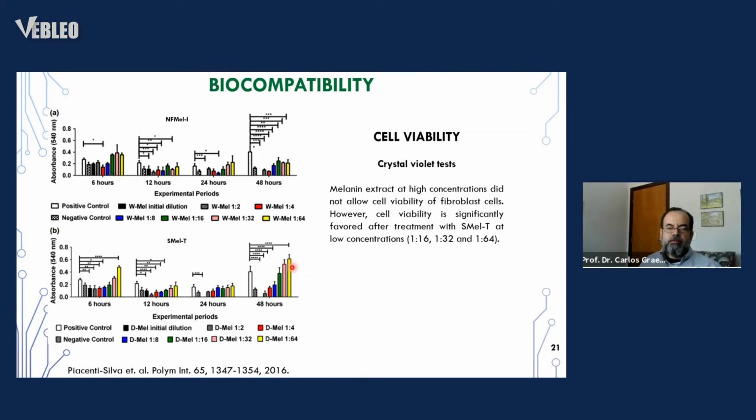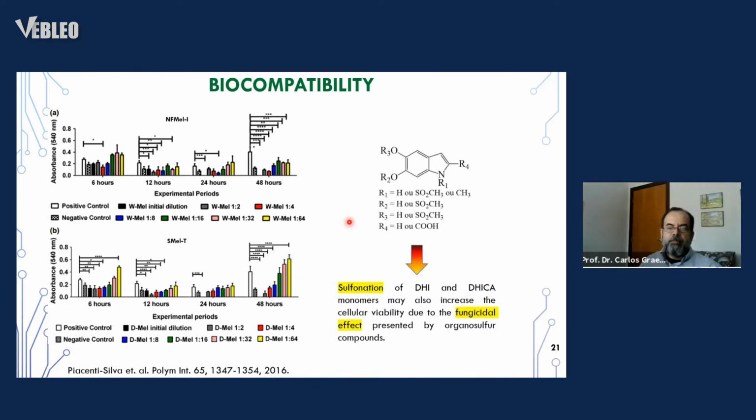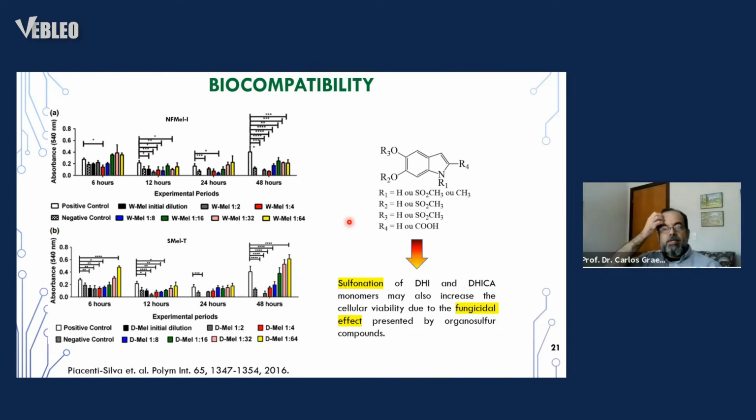One of them is the S-melanin again, which after 48 hours has a very positive cell viability. Okay, so the nice thing about sulfonation is that it also has some side effects concerning biology.